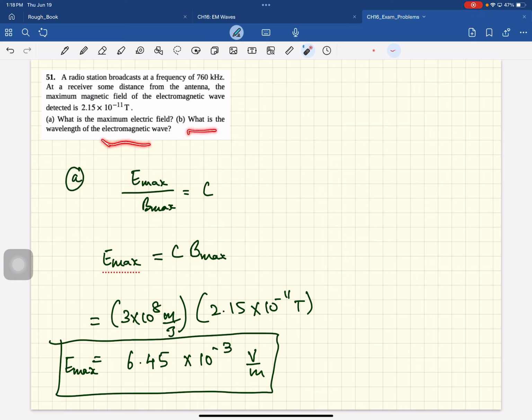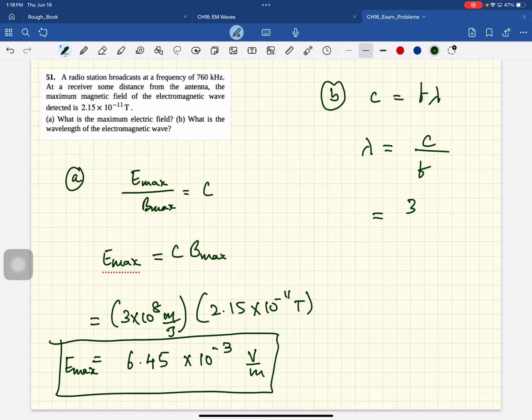What is the wavelength of the electromagnetic wave? So c is frequency times wavelength. Wavelength is c over frequency. Frequency is 760 kilohertz.